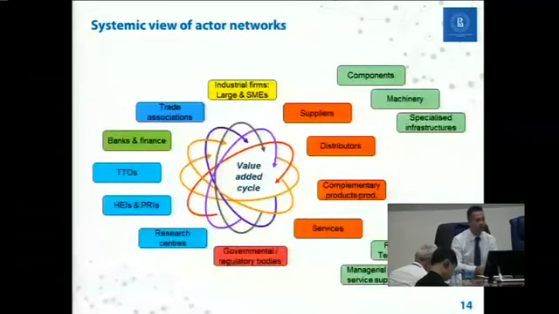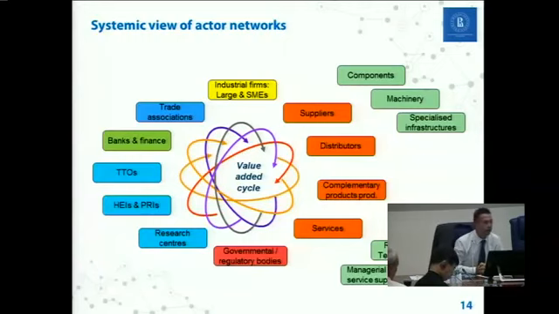We need to look at the systemic view of actors also. Actors are no longer only those we can find in the traditional triple helix. So it's not only government, universities, and industry. There are many more actors to consider and to deal with. There are large, small, and medium-sized firms, suppliers, distributors, and complementary product producers, and related to them, the rest of the value chain, like components, machinery, and specialized industries.